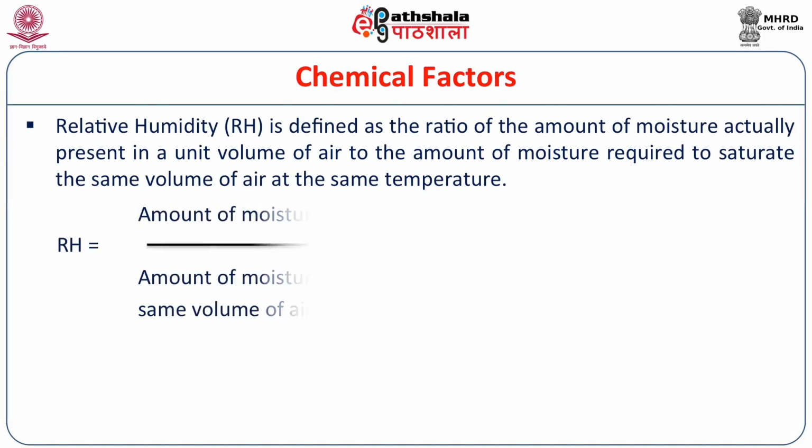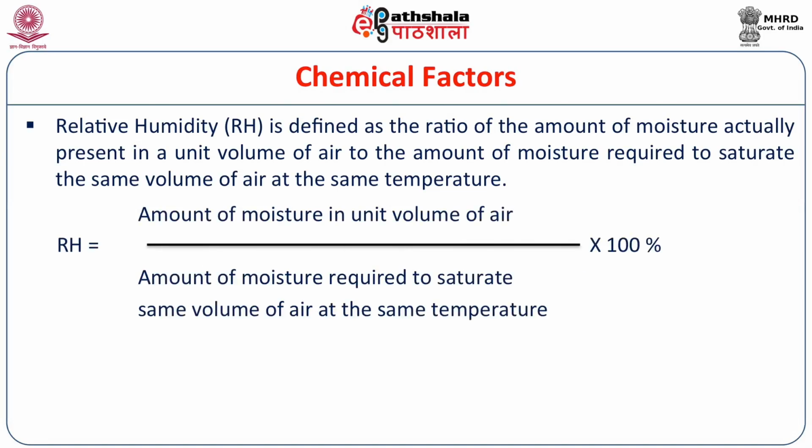The equation given expresses the relative humidity, that is the amount of moisture in unit volume of air divided by the amount of moisture required to saturate the same volume of air at the same temperature, which is expressed in percentage.